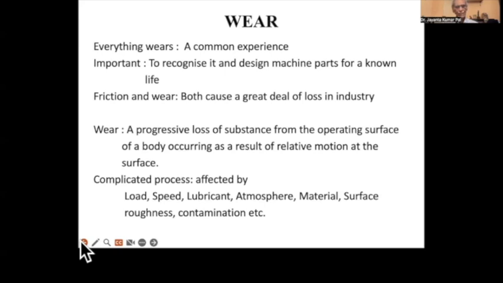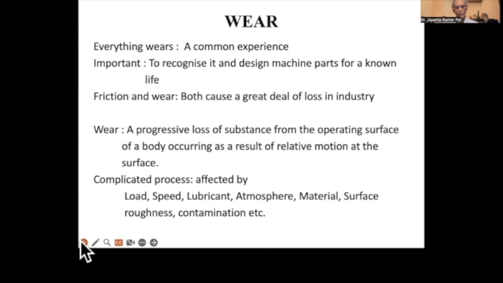Wear is a very complicated process, and almost every day we are trying to find out new parameters that affect the wear process. But to name a few parameters that are well known: load, speed, lubricant, atmosphere. Atmosphere may be the ordinary atmosphere, or salty atmosphere, or inert atmosphere.